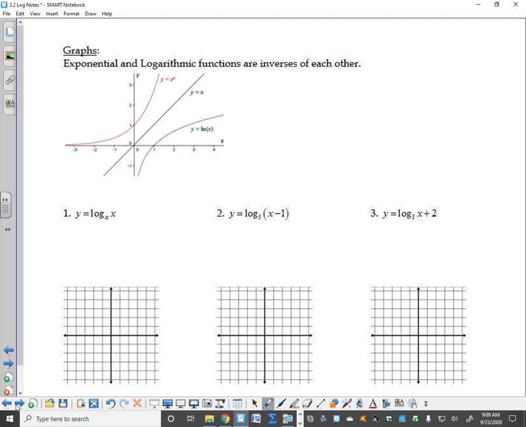Okay, last thing we need to do is graph. Now, when we started this, I explained that exponential and log functions are inverses of each other. Well, we've talked about inverses before. We've talked about inverses reflecting on the line y equals x. You know from the last lesson that an exponential's home base is 0, 1.